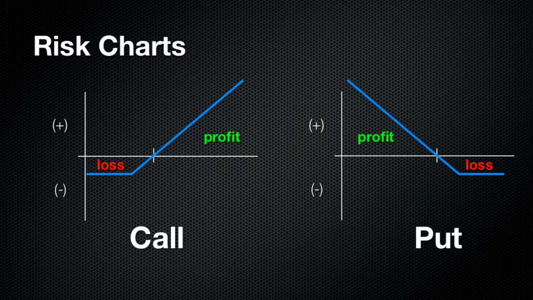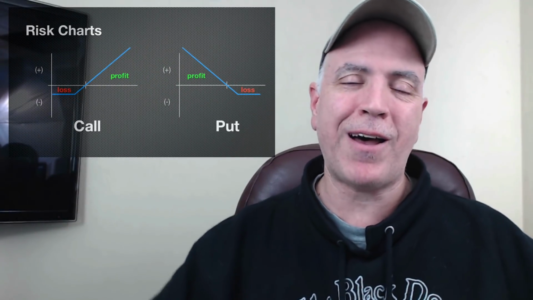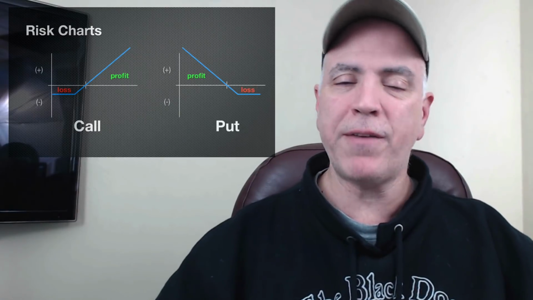So you can see from the call point of view, when you buy, you have limited risk and unlimited profit potential, and the same way with the put. Well, with a put, you don't necessarily have unlimited potential, because with a put you're betting that the price is going to go down.